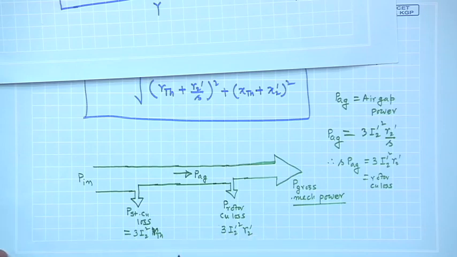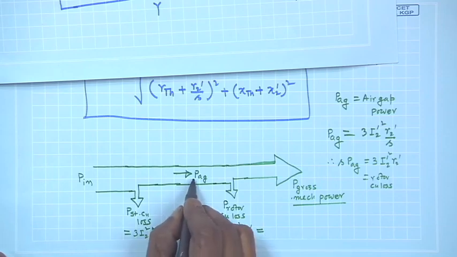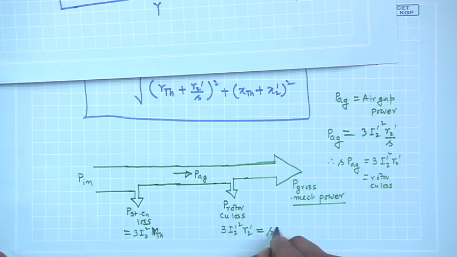So, 3 I 2 dash square R 2 dash is S into PAG, the rotor copper loss.